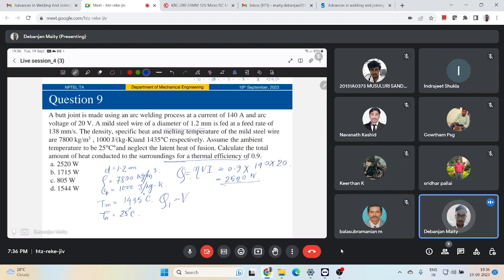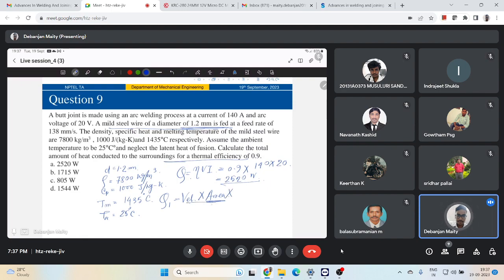So you have your velocity, right? You have your area of melt, right? So mild steel wire of a diameter 1.2 mm is fed, so you can calculate the area from there.